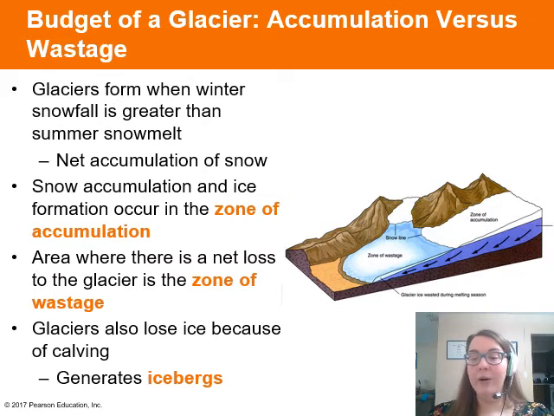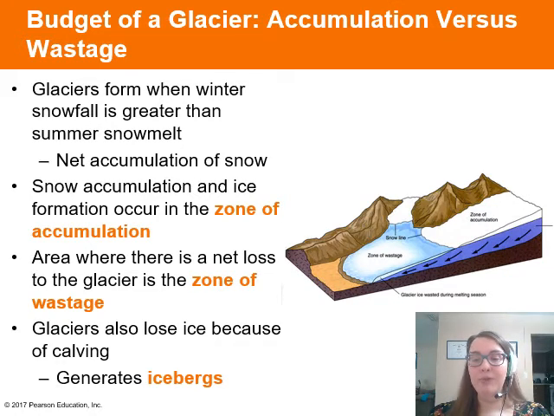So the higher we are, the more likely that snow is going to stay there throughout the year and eventually be turned into solid ice. But as we go down the valley of our mountain, it's getting warmer and warmer, meaning that it's more likely that in these lower elevations with a higher temperature, all of that ice is going to melt or waste away.